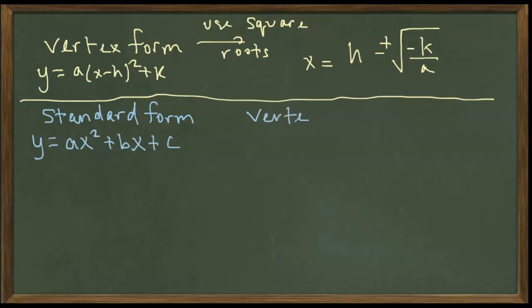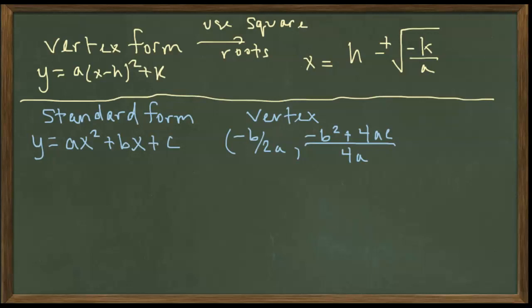And so, if you remember from standard form, at least the x coordinate of the axis of symmetry is negative b over 2a. Now, if you actually plug that into the standard form and just work it out with variables, you'll find that the y coordinate is going to be b squared plus 4ac divided by 4a.